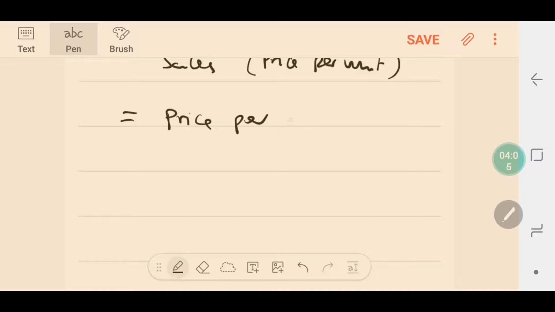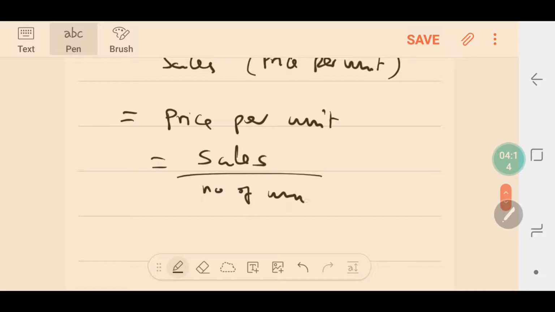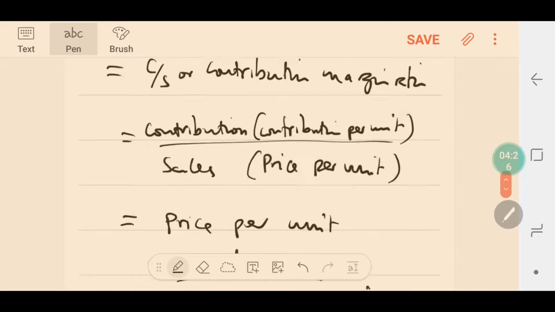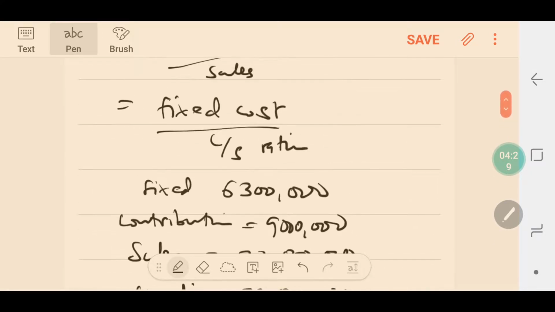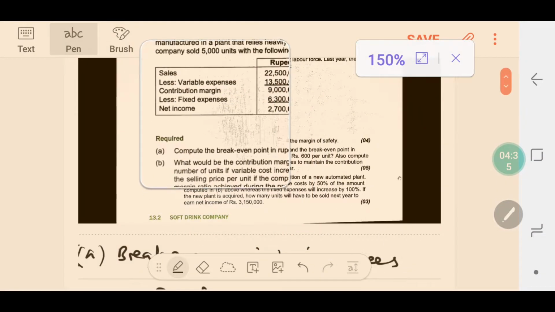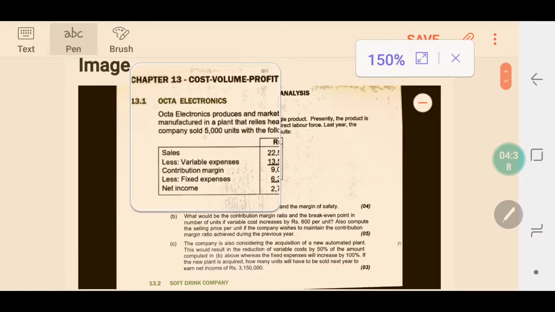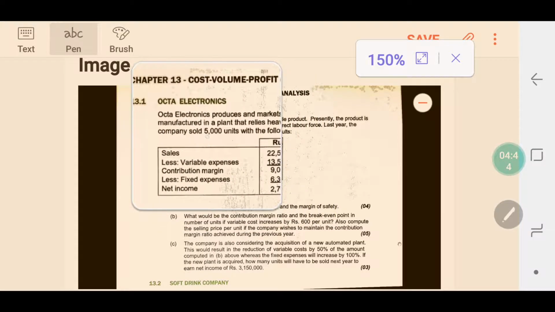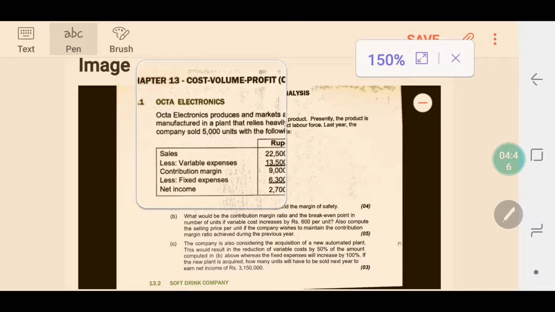Price per unit can be calculated by taking total sales over number of units sold, which in the question is equal to 22,500,000 divided by 5,000. People will ask you, where are you finding these numbers? If you look in our question here, to get these numbers in this table, Octa Electronics sold 5,000 units.